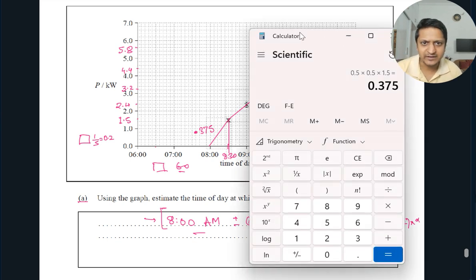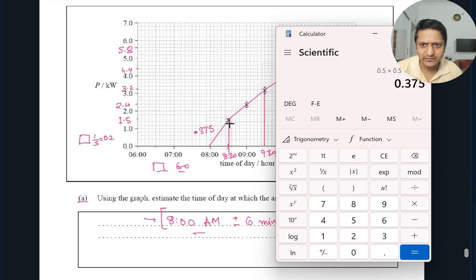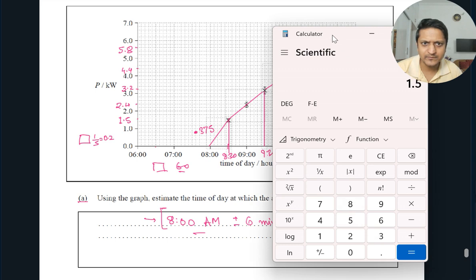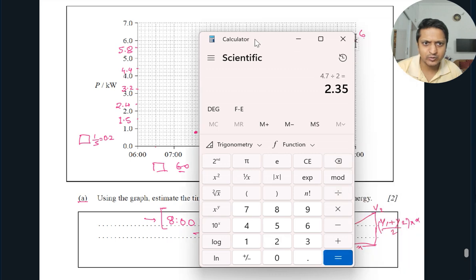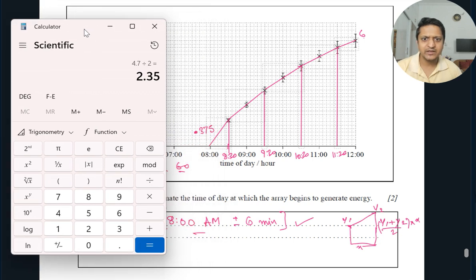Now the second area would be this point and this point, the average of these points. So this is 3.2, and this is 3.2 plus 1.5, and the average we will divide by 2, equal to 2.35.